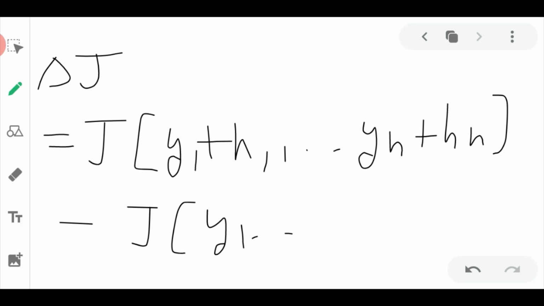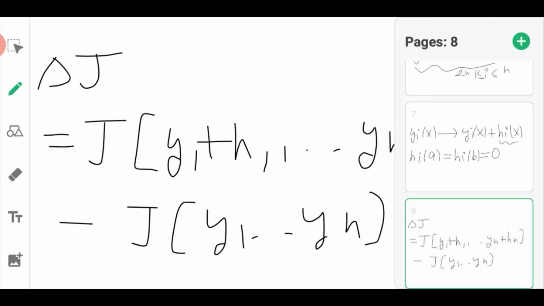We find the first order term, which is delta J, and equate it to 0. So delta J should be equal to 0. This is a necessary condition.